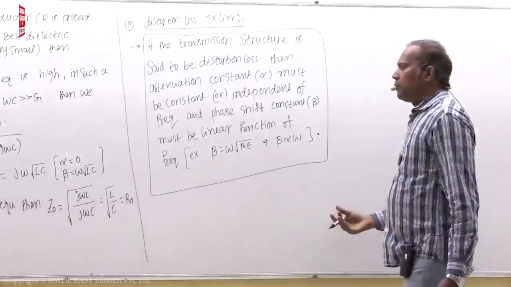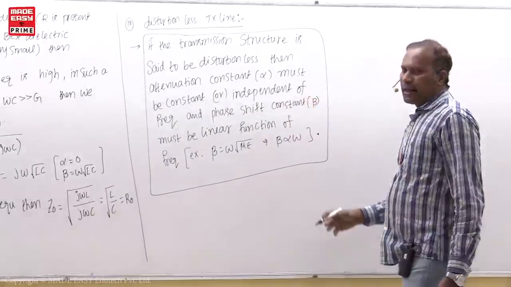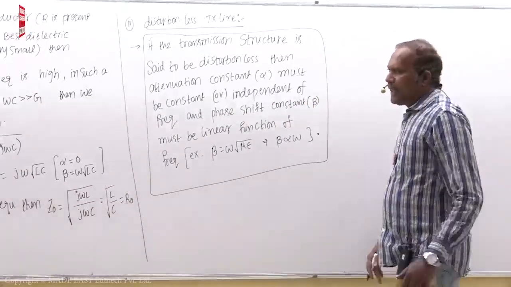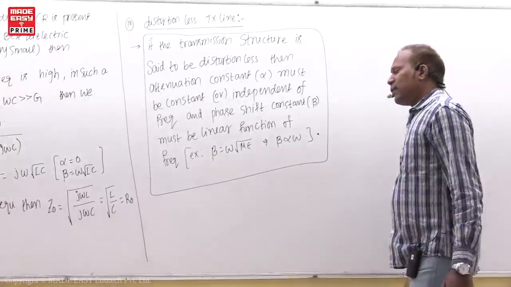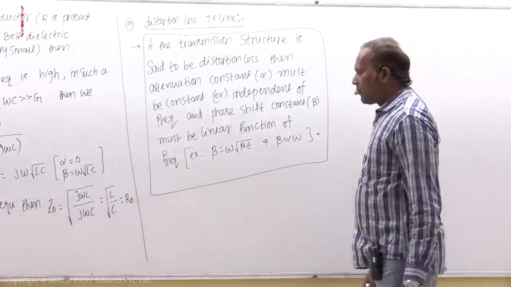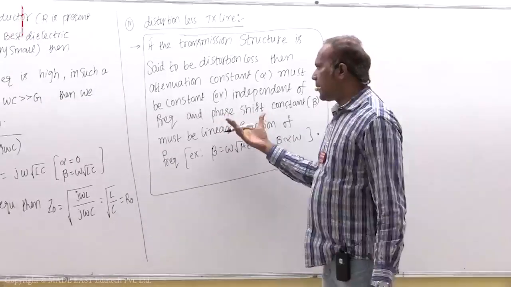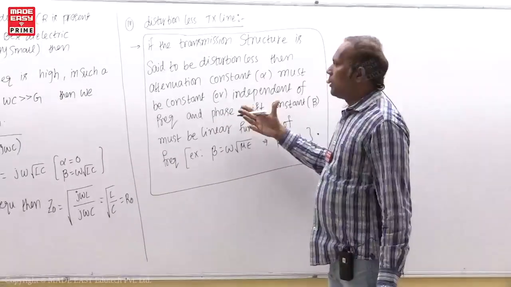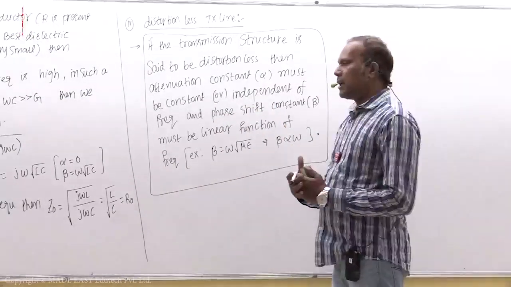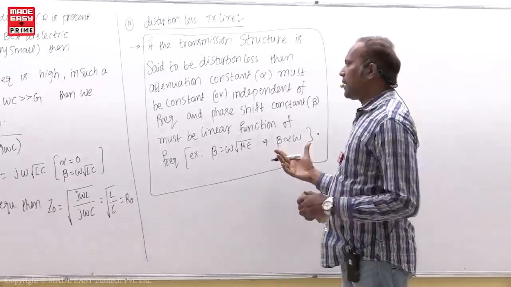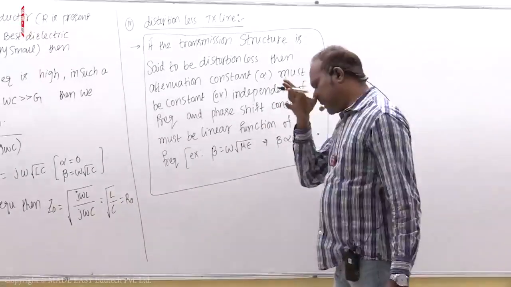Now what to do to satisfy this condition? By taking the general equation of the gamma, we will try to take one condition so that alpha and beta satisfy this condition.